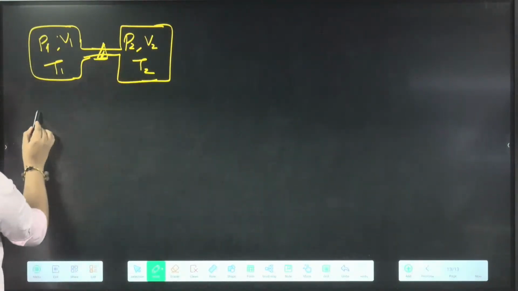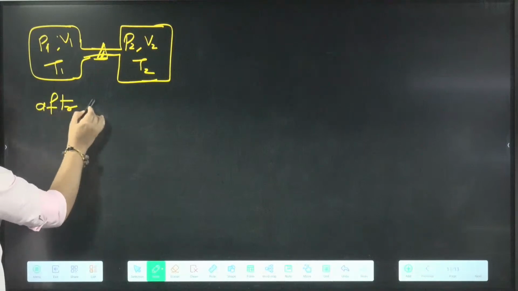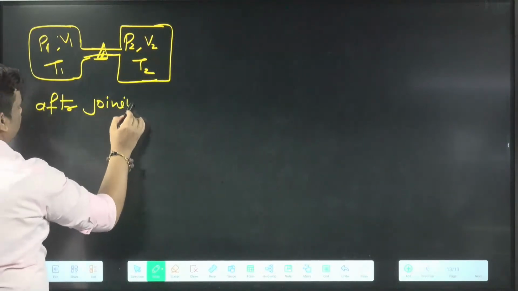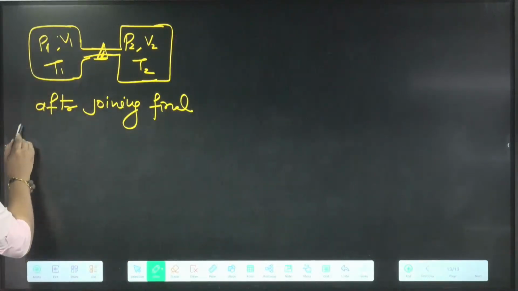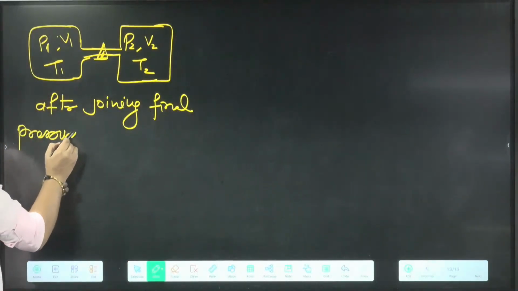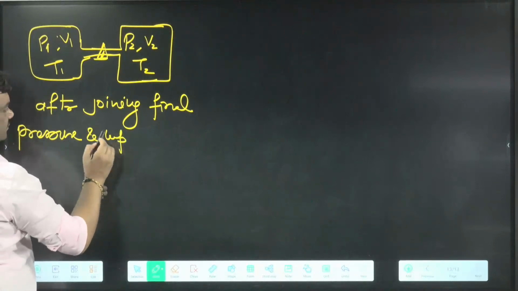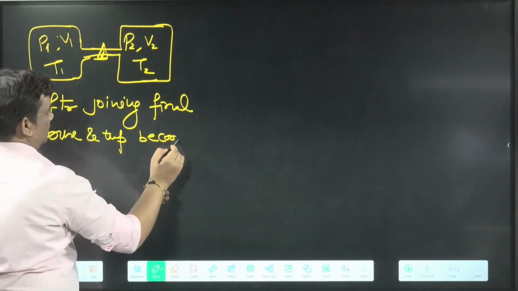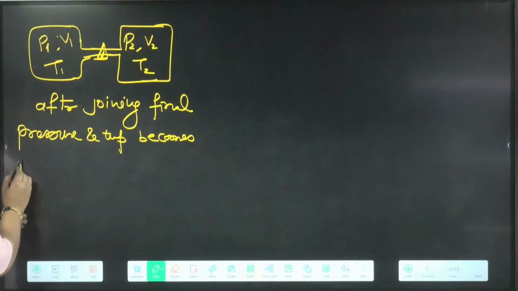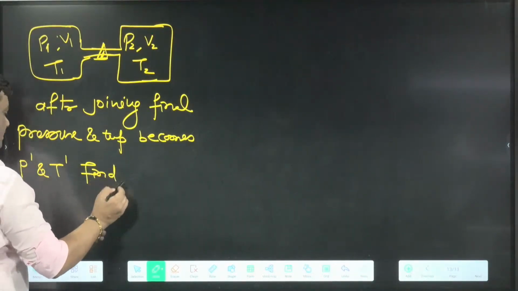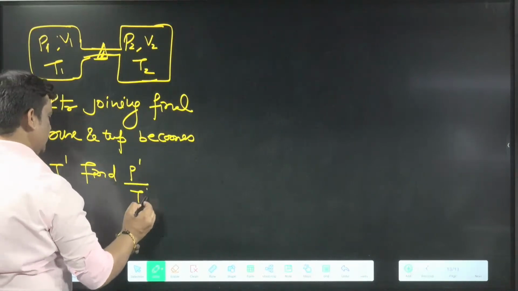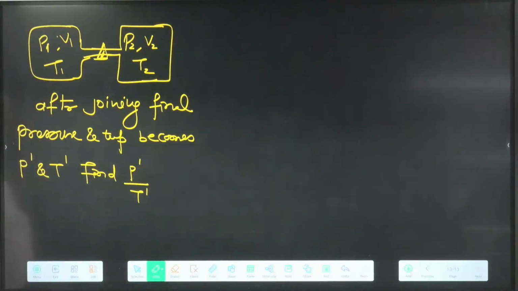They are saying after joining, the final pressure and temperature become P dash and T dash. They're asking to find P dash by T dash. This is what we have to find.